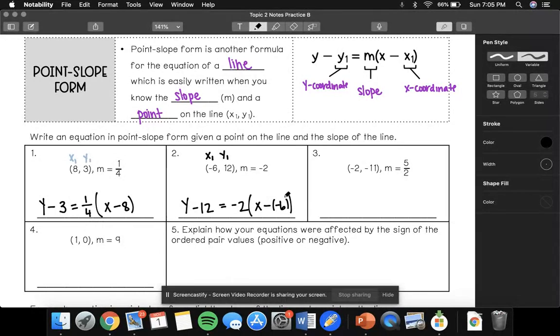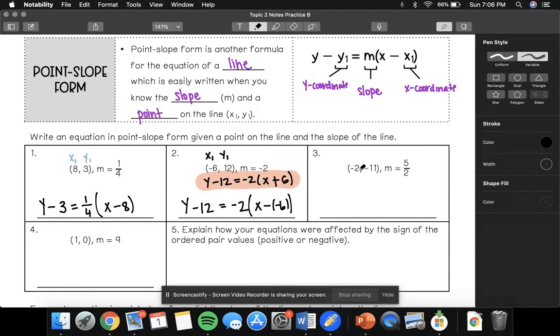Another way we could write this: whenever we see subtracting a -6, I will just change that to addition, x plus 6, because subtracting a negative is the same thing as adding.